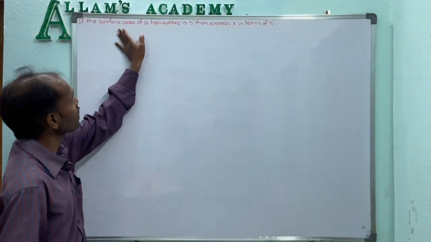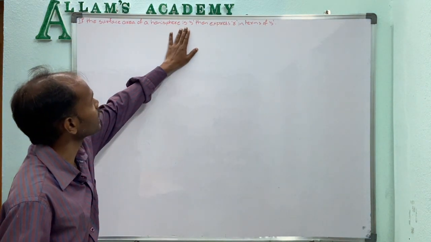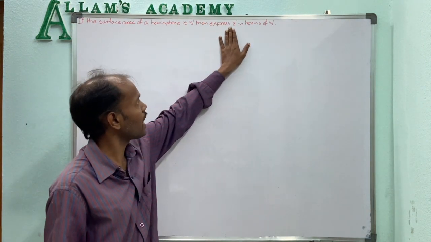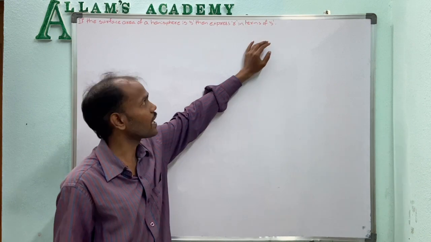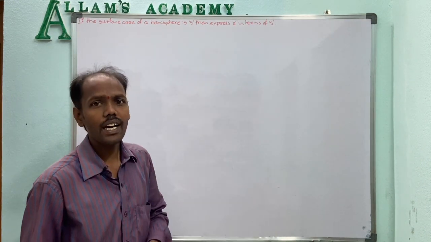If the surface area of a hemisphere is S, then express R in terms of S. R is nothing but the radius.